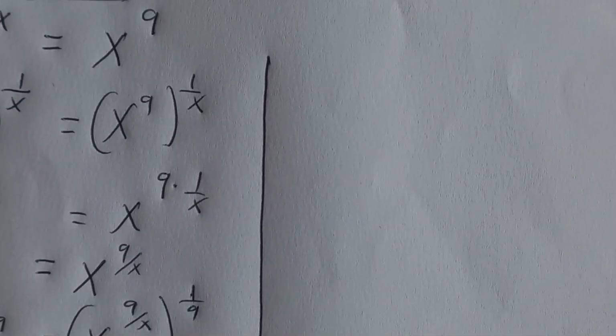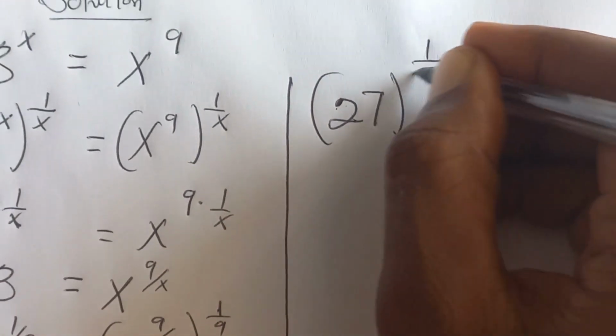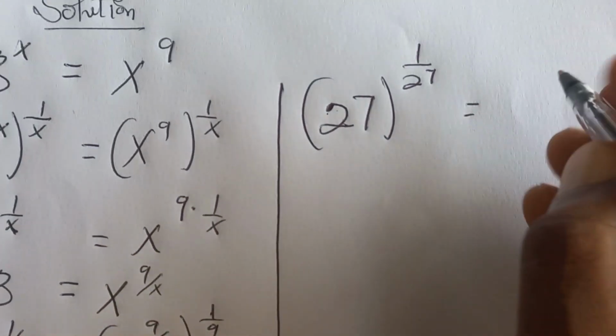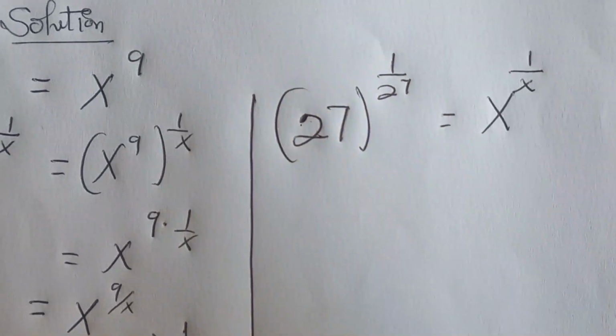So with this, 3 exponent 3 is 27. So 27 to the bracket exponent 1 on 27, which is equal to x exponent 1 on x, like this.